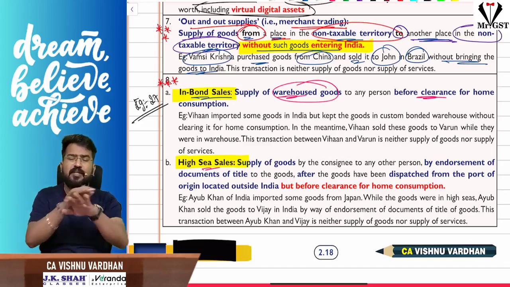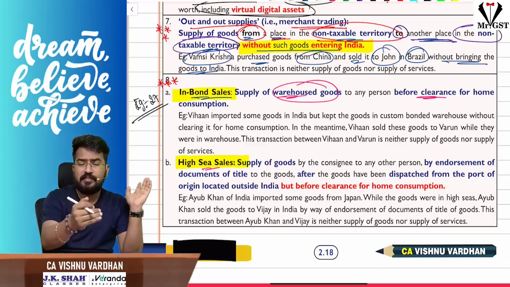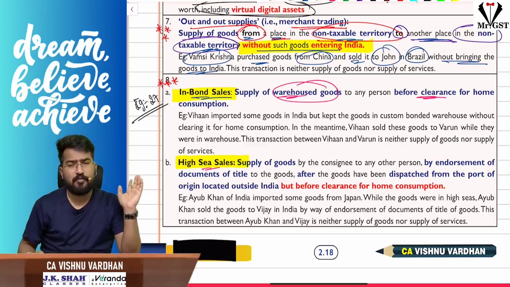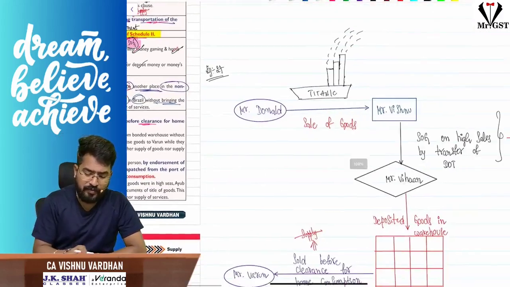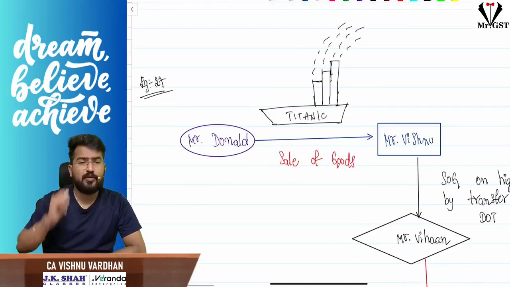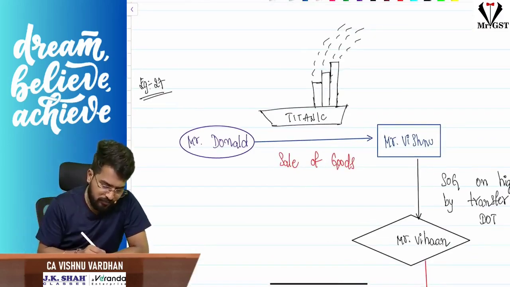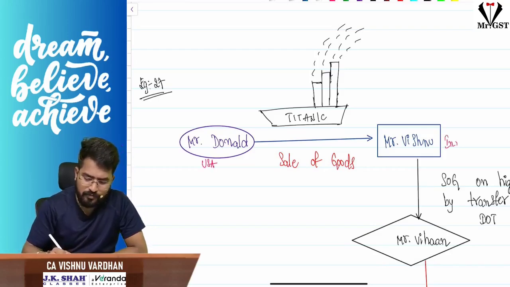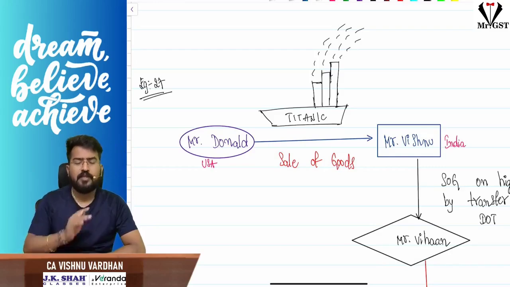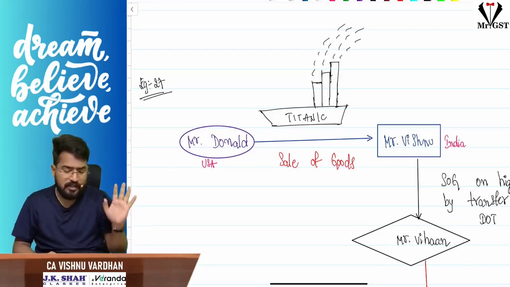So the goods are simply on high seas. That means they are in transit. Now, when that is being done, that is neither supply of goods nor supply of services. Now, I will give you both with a common example. See, understand. Mr. Donald is selling goods to Mr. Vishnu. Donald is from USA. Vishnu is from India. When he is selling the goods, he is sending them through the Titanic ship. Of course, the ship is not sinking, don't worry.